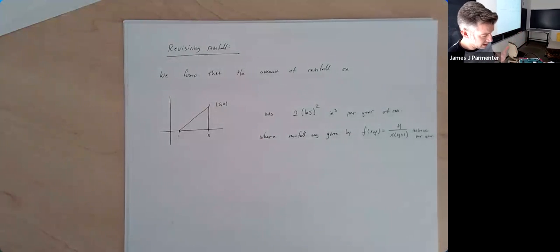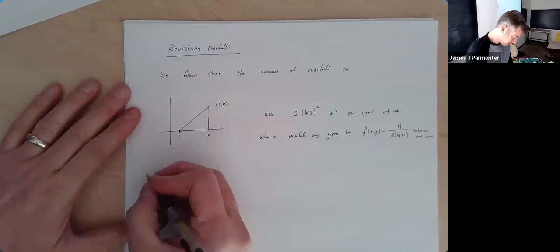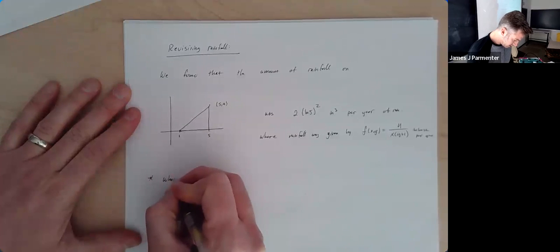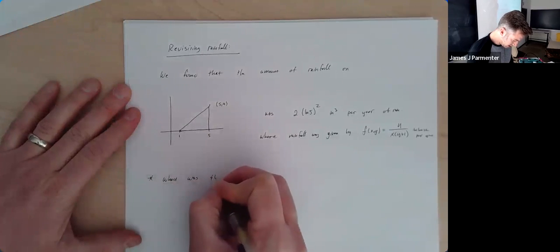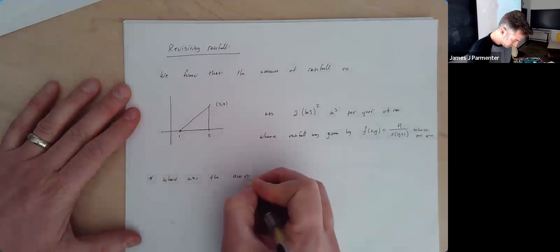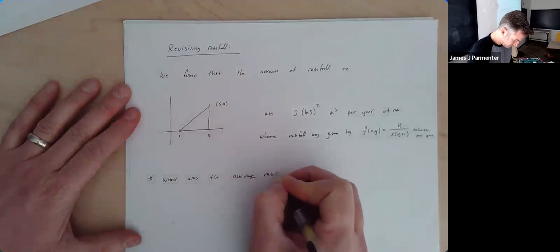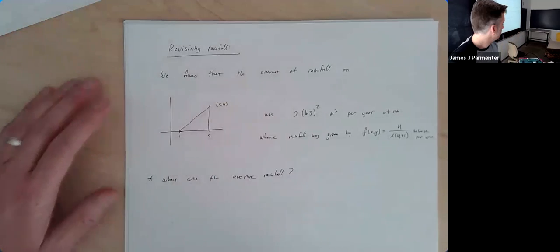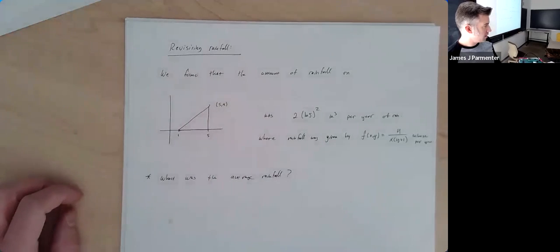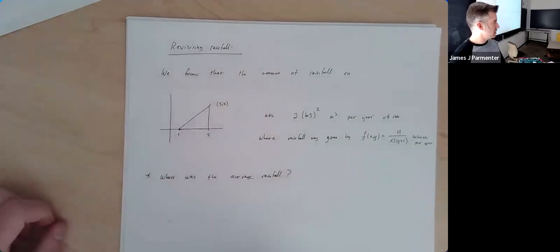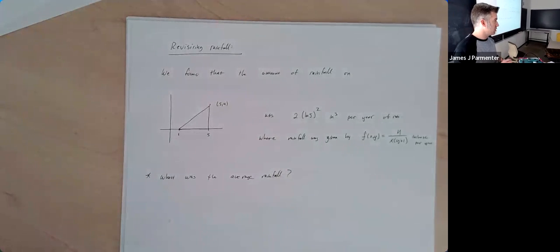But what people sometimes like to ask about a question like this is, what was the average rainfall? Meaning, if you picked a little square inch of this, what would the rainfall be in that square inch? It's exactly what you think it would be.